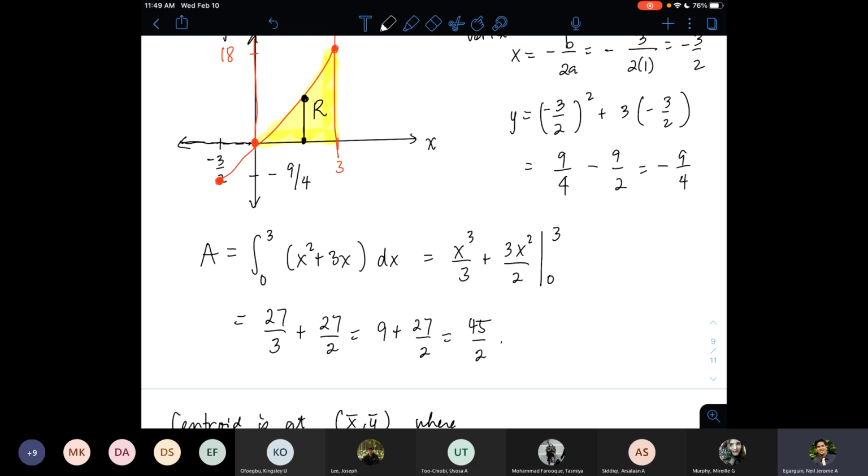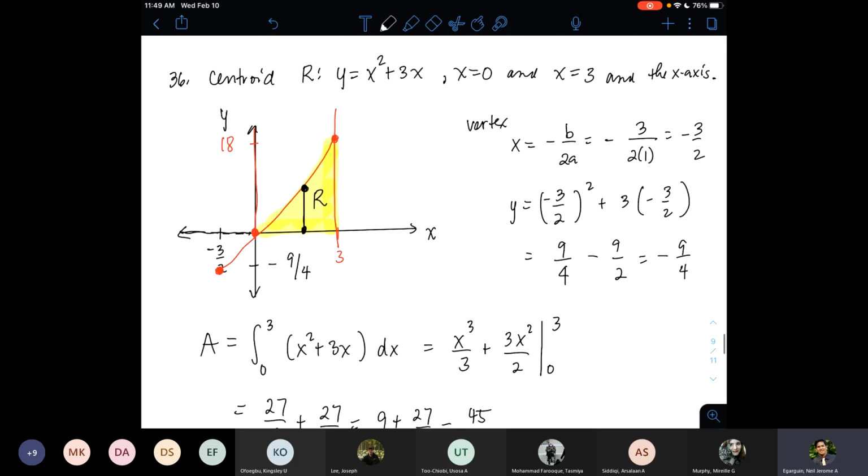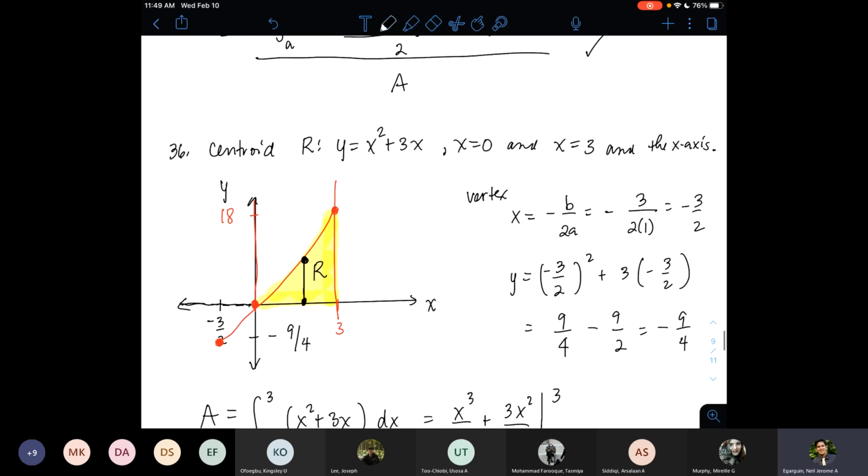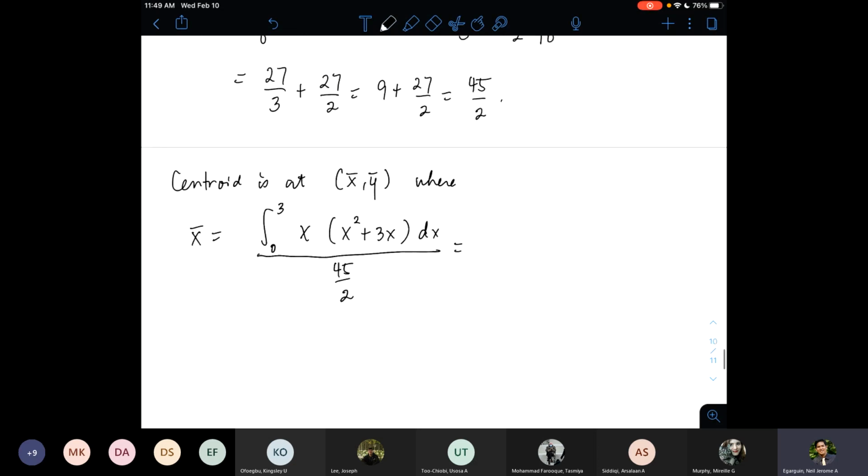It's again top minus bottom, so that's x squared plus 3x minus 0 with respect to x, all over the area, which is 45 over 2. Oops, I forgot the bounds. The bounds would be from 0 to 3. Let me check. Yes, from 0 to 3. And then that would be the integral of x cubed plus 3x squared dx all over 45 over 2.